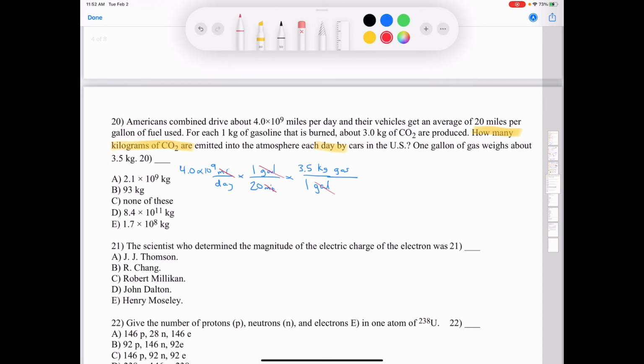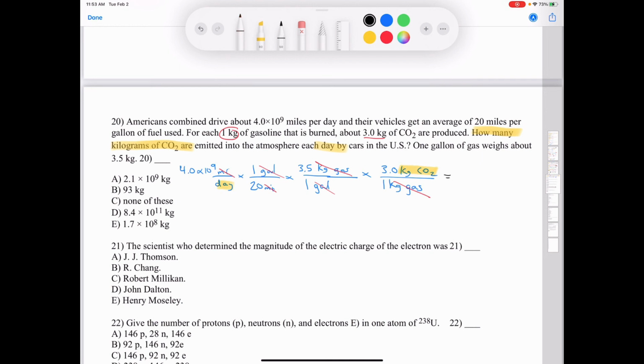I have kilograms of gas, but I know that for each 1 kilogram of gasoline that's burned, I'm going to release 3.0 kilograms of CO2. So let's use that. For every 1 kilogram of gas burned, I'm going to produce 3.0 kilograms of CO2. And so the units of kilograms of gas cancel. What am I left over with? I'm left with the units of kilograms of CO2 that are going to be released into the atmosphere every day.